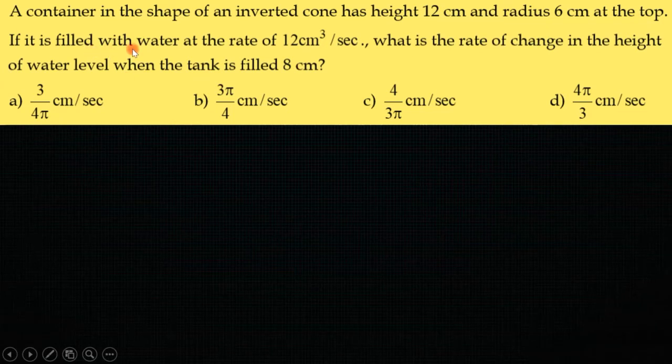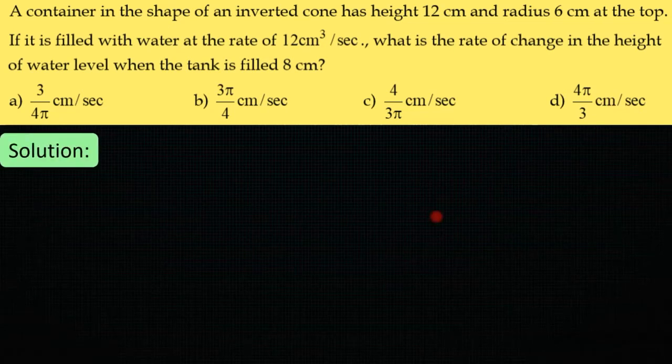It is filled with water at the rate of 12 centimeter cube per second. What is the rate of change in the height of water level when the tank is filled 8 centimeters? Options are 3 by 4 pi centimeter per second, 3 pi by 4 centimeter per second, 4 by 3 pi centimeter per second, 4 pi by 3 centimeter per second.